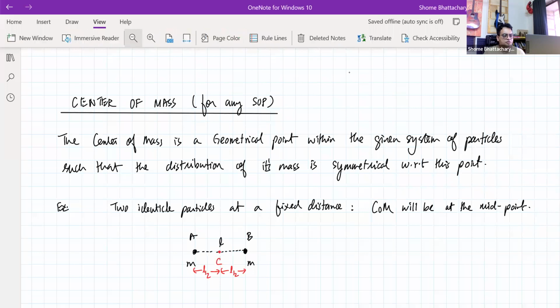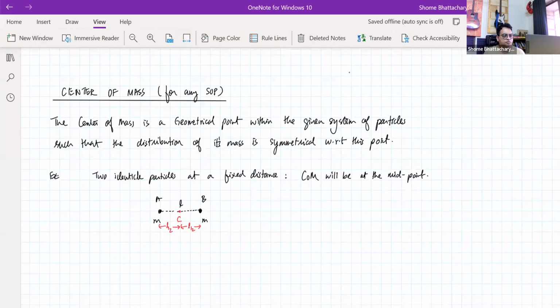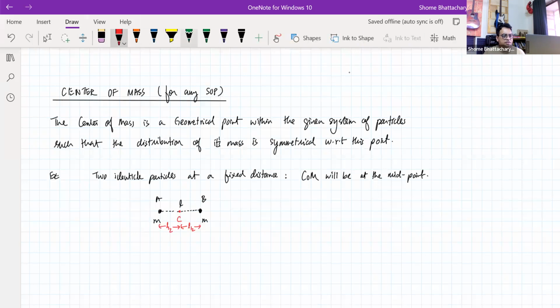Okay, now another example of this kind of symmetry point being the center of mass for a system consisting of identical particles. Instead of two particles, this time let's say I have four particles of identical mass located at the corners of a square.